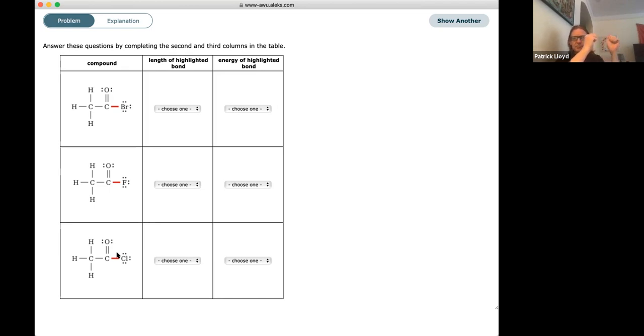As the bond gets bigger, longer bond length, the energy gets weaker. So this one right here had the longest bond length. This one's going to have the smallest energy. It's going to be the lowest energy. This will be the weakest. And this one right here, this one was the shortest. That's going to be the strongest. So that'll be the strongest bond. And that's all you got to do with that. You just have to determine whether it's the strongest, the weakest, or in between.